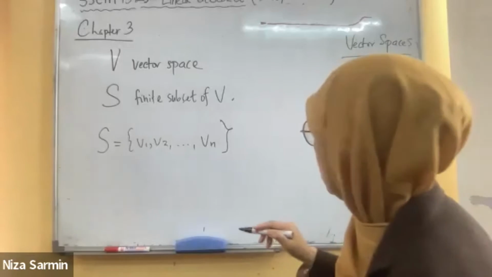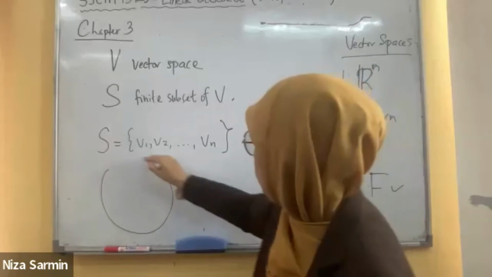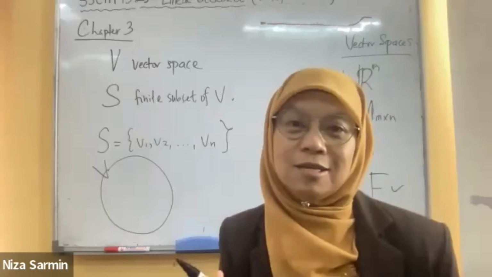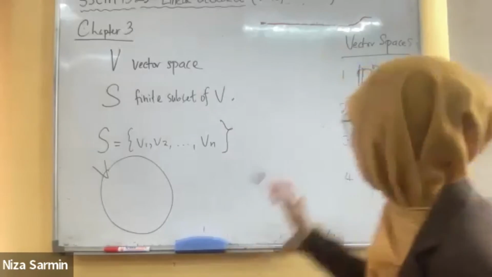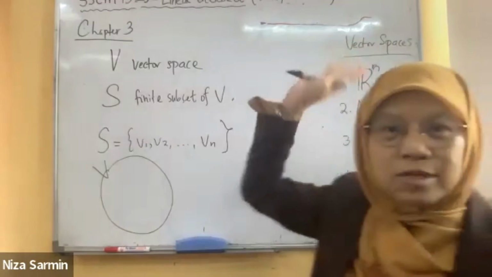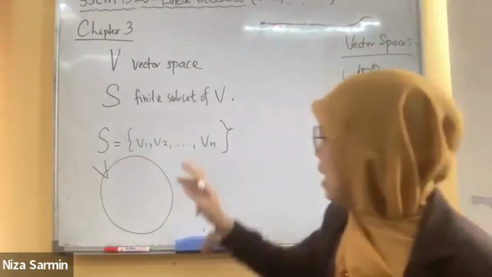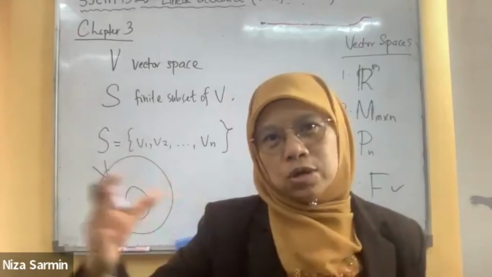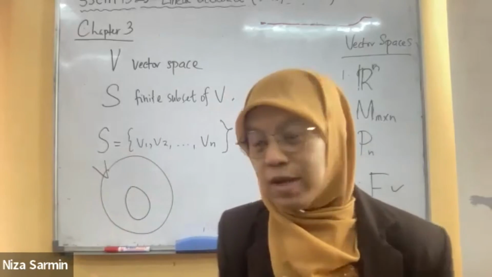So we have your V, which is normally infinite. Rn and matrices are infinite. But S is finite. V can be the whole real numbers, or R2, which is infinite.